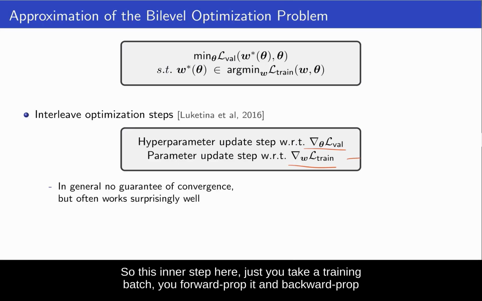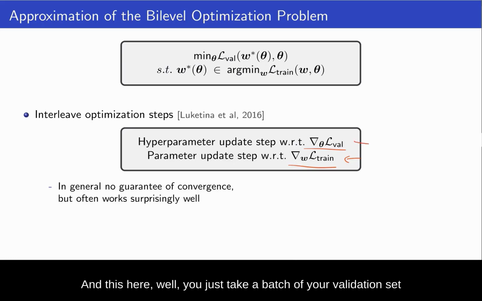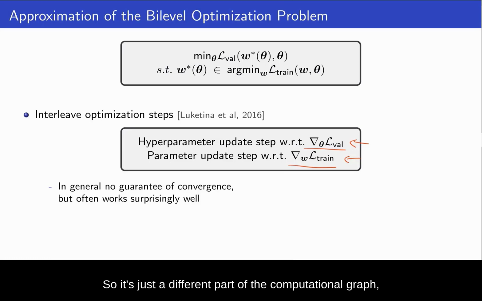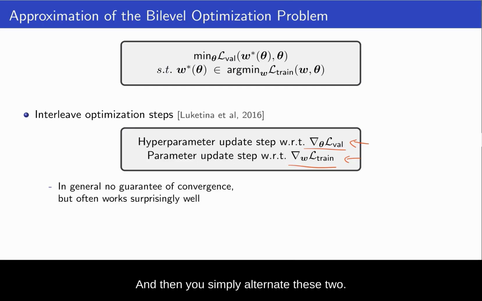So this inner step here, you take a training batch, you forward prop it and backward prop in order to get gradients with respect to your parameters, and you do a parameter update. And this here, you just take a batch of your validation set and forward prop and backward prop with respect to your hyperparameters. So it's just a different part of the computational graph, a different set of variables that you compute your gradients with respect to. And then you simply alternate these two.